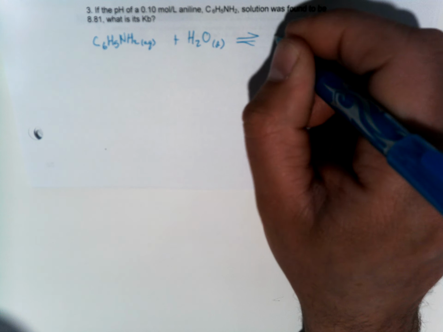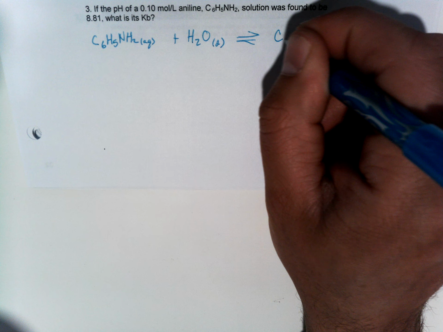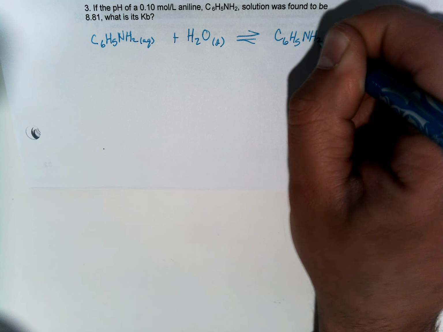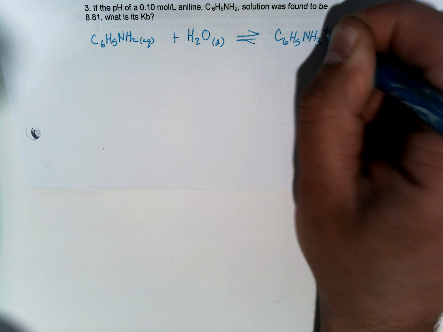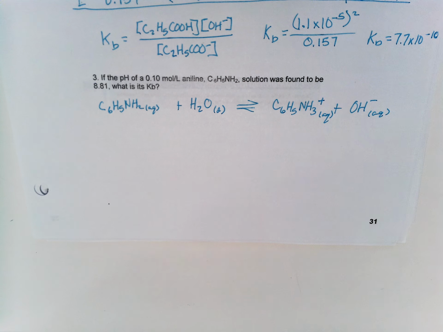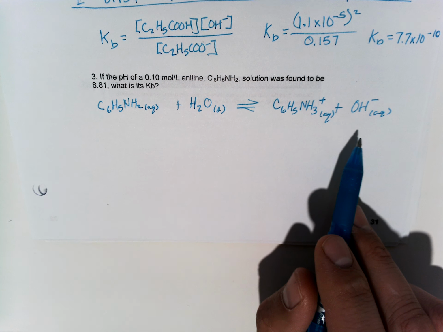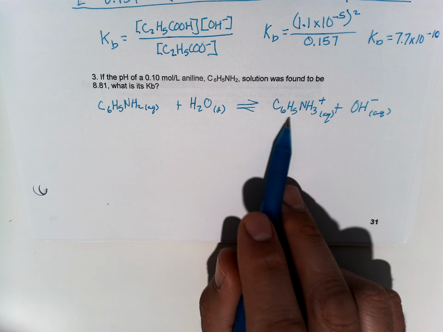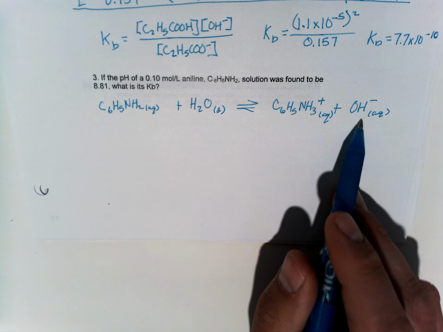It's going to produce C6H5NH3 plus OH minus. Oh, the camera's having troubles focusing. Okay, so here's our reaction. Our base with the water produces our conjugate acid and hydroxide.